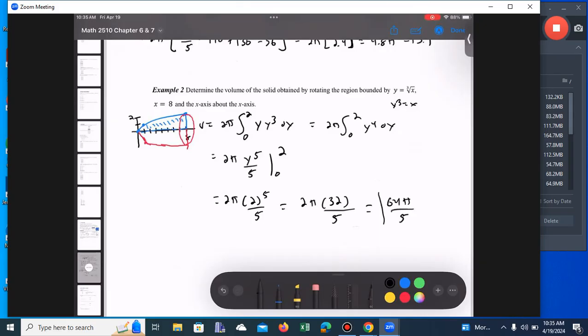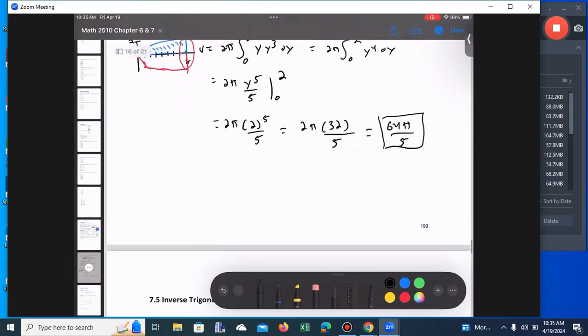I'm actually fine if we keep it like this. Or if we wanted to, this is 12.8 pi. It could be written like that, or we can just get a decimal. And you get 40.2.